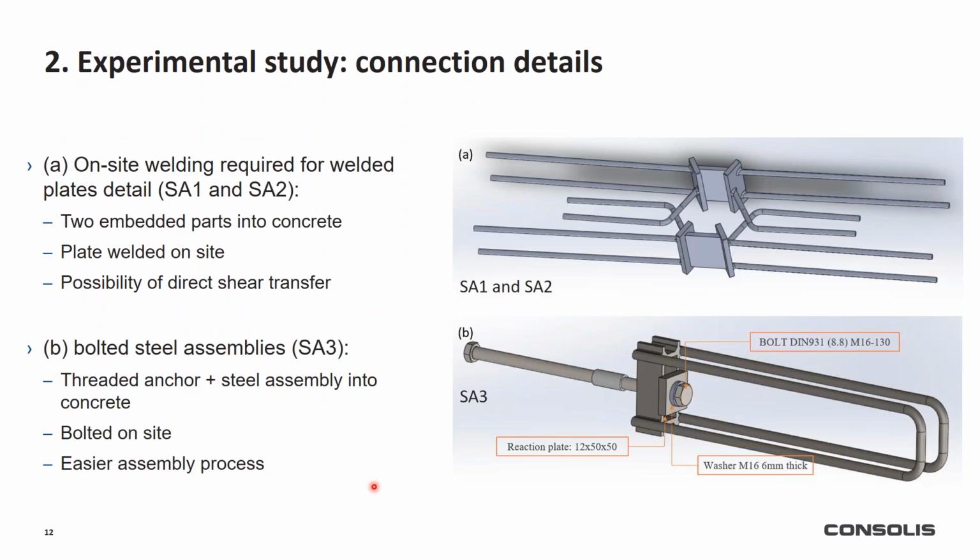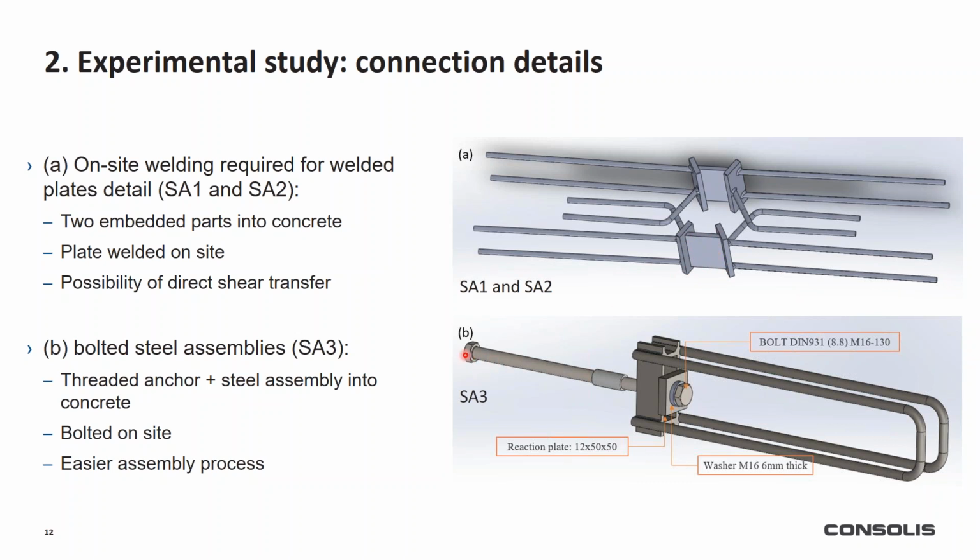And the connection details imply using steel assemblies. So we have 2 test series that are using this steel assembly. We had 2 embedded parts cast into the concrete, and on site we had a third plate that is welded.